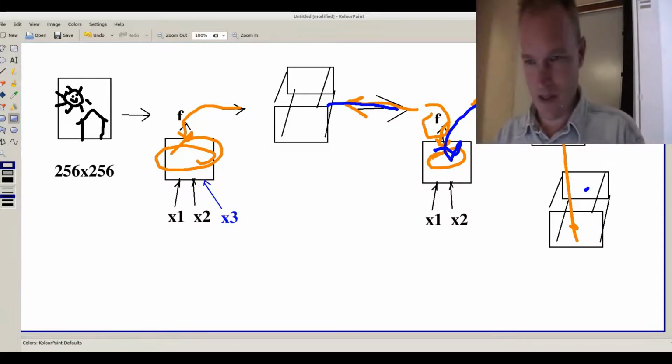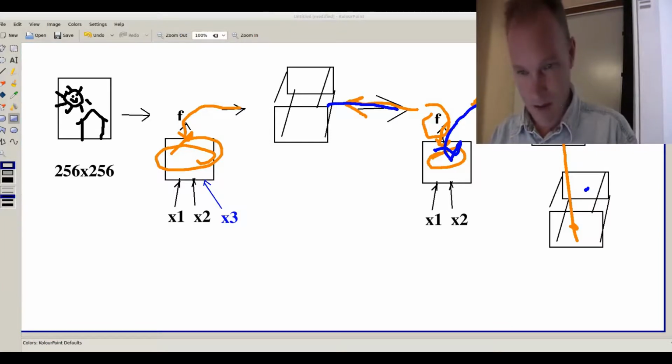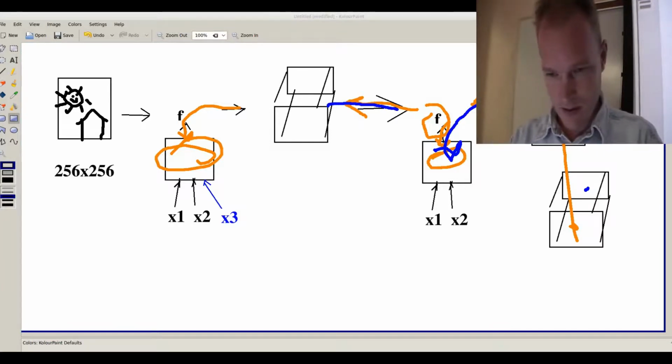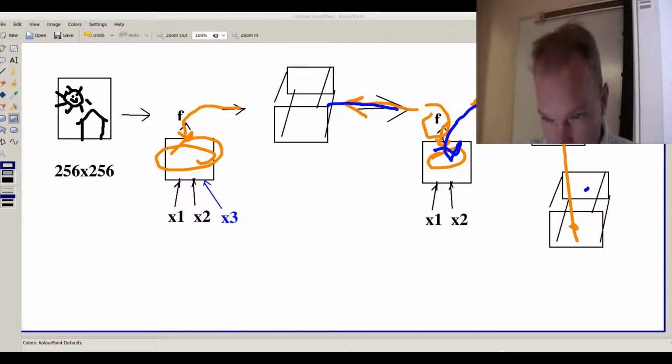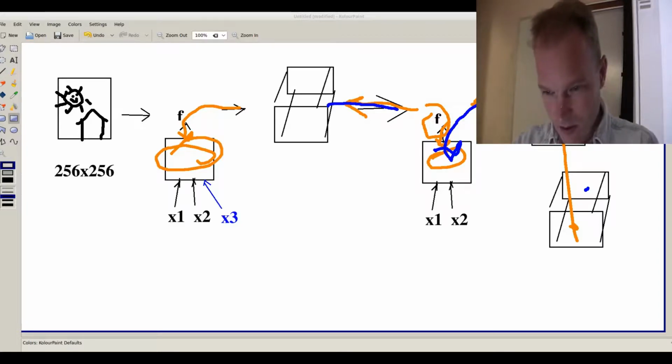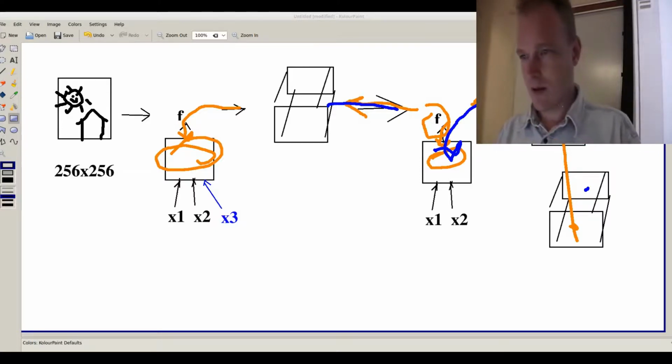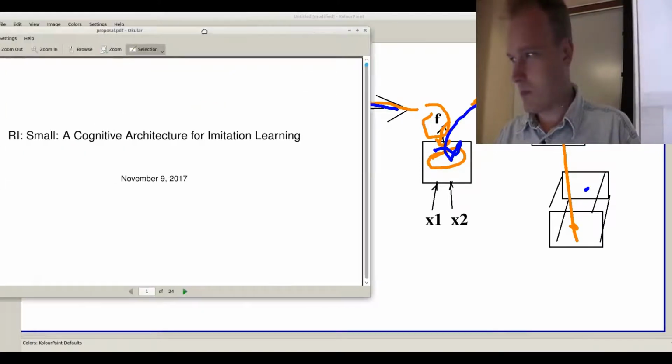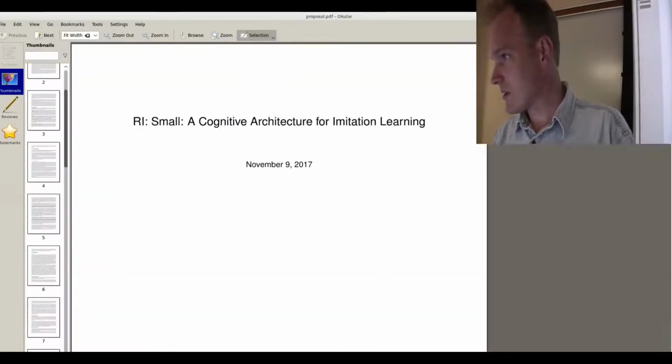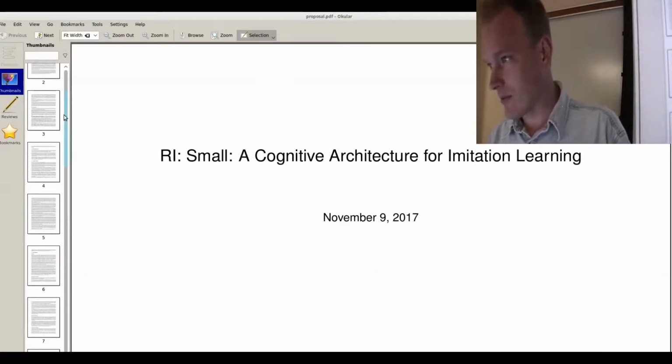Okay. I want to show you another idea while I'm at it. I've got to remember what this one was called. This is actually a proposal that I put out to the NSF.